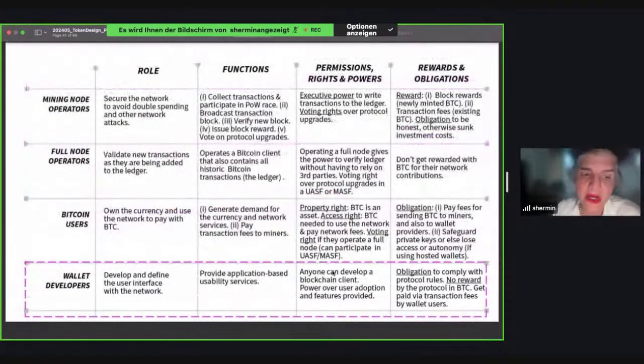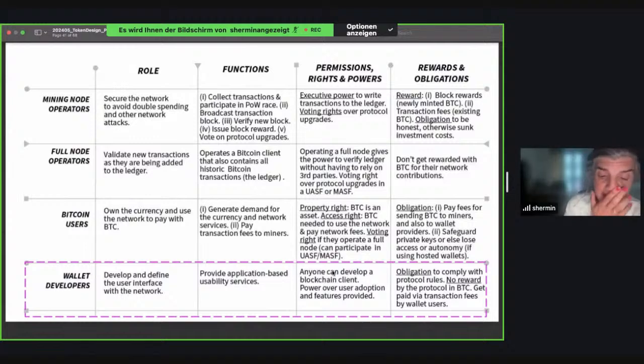Wallet developers are another kind of stakeholder group that emerged over time. The Bitcoin protocol itself was not user-friendly. More user-friendly wallets needed to be developed for people who don't know code, to be able to receive and send Bitcoin without having to operate a command line.